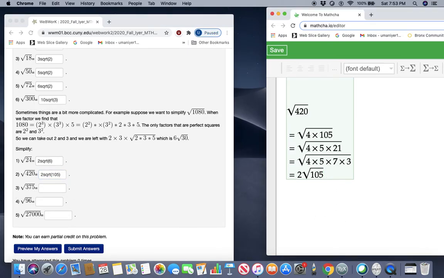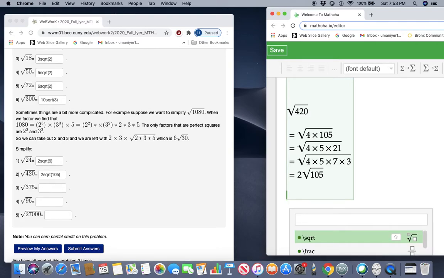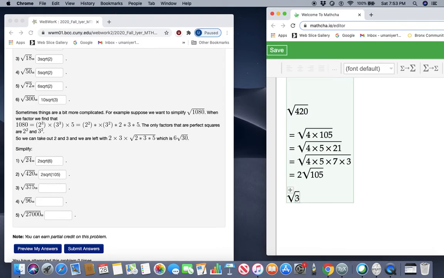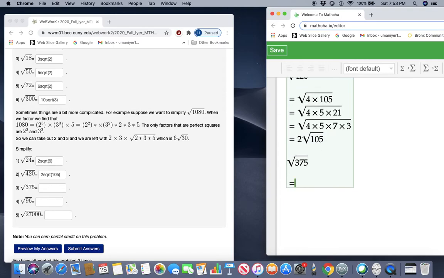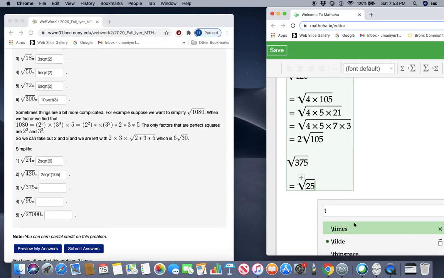375. I can already see what's going on. Square root of 375. Well, as you see, looks like 25 will go in it. 25 times, let's see, 25 times 4 is 100. So 8 will be 200. 12 will be 300. And 3 more.